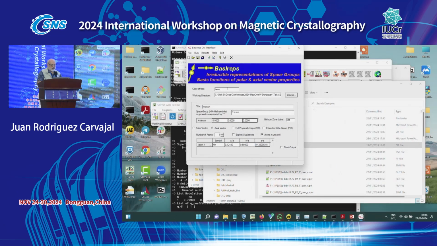Let me just do this. For example, if I go to extend the list, well, this is the same. It's not a problem because in such a case, 0, 0, 0 is not a problem. If we run that, it will look for the matrices in the isotropy database.